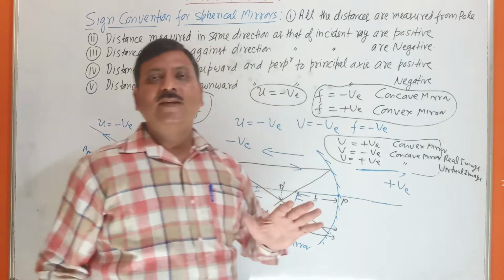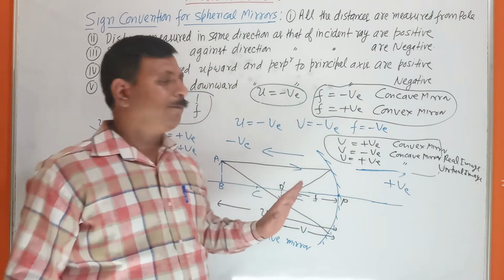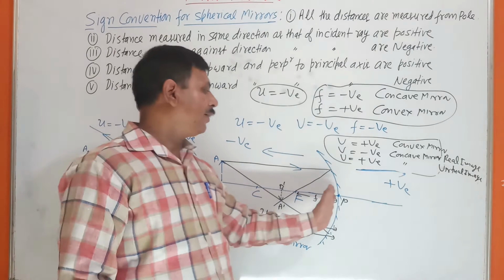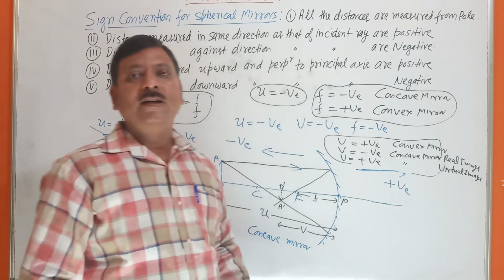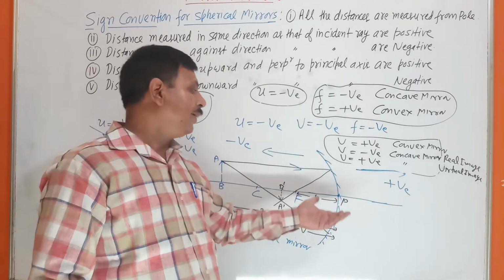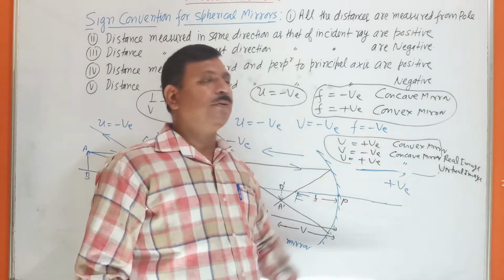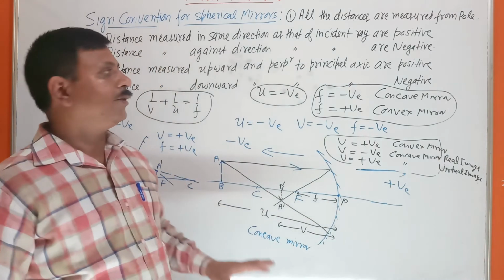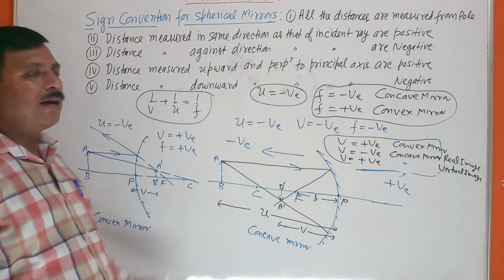And in one case, when the object is kept between the focus and pole, the image will form virtual, on the right hand side, opposite side of the object, on the back side of the mirror, and that time v will be positive. In the virtual case for a concave mirror v will be positive. So this is the sign convention for spherical mirrors.